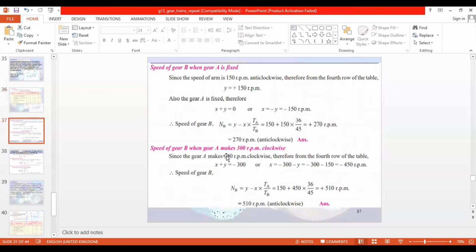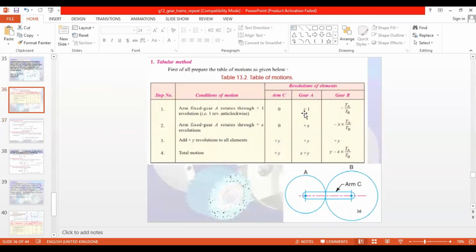Since gear A makes 300 rpm clockwise, from the fourth row of the table, x plus y is equal to minus 300. We took anticlockwise as the positive, and now it is given as clockwise, so clockwise means we have to put negative.